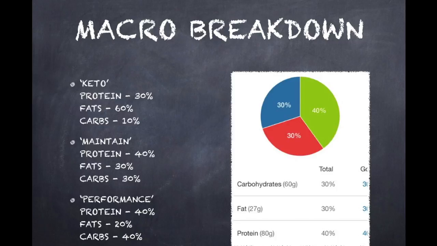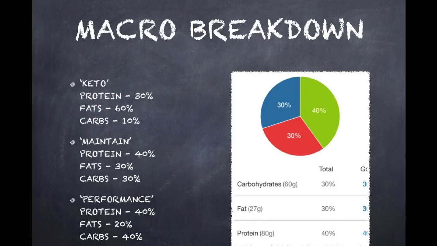Now, this is around the maintain scenario, so the second one down under the keto. It's just to give you an example of how to know how many carbohydrates, how many fats, and how many proteins you should be having per day once you've worked out your breakdown of macronutrients.